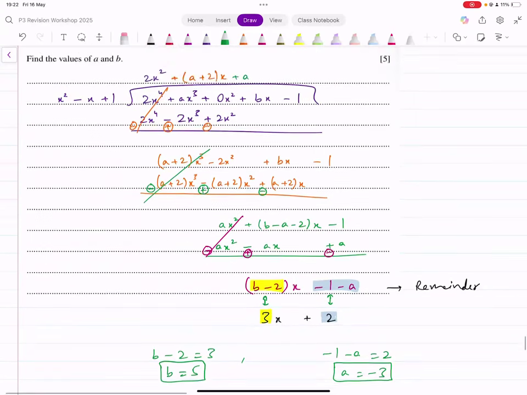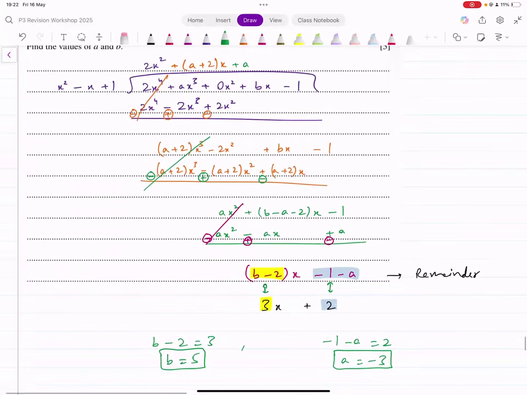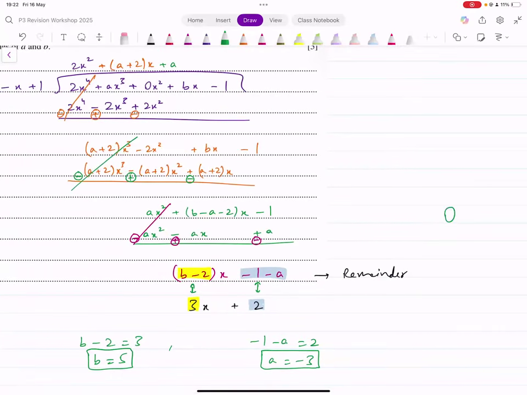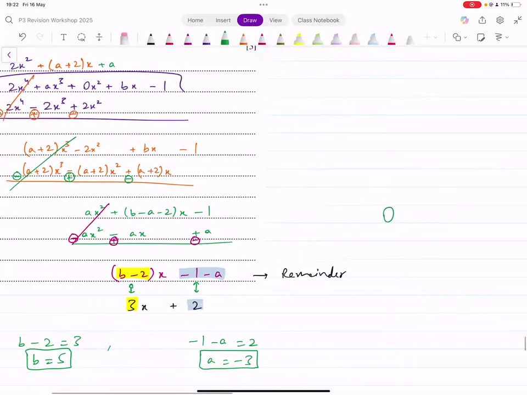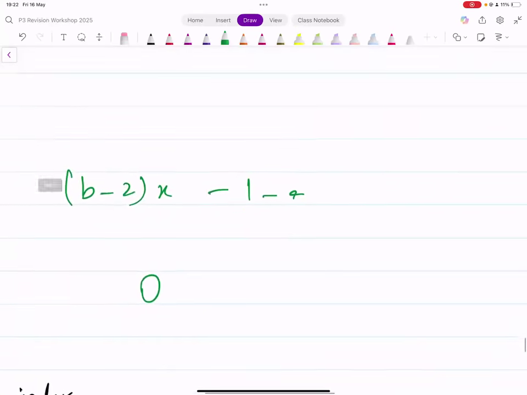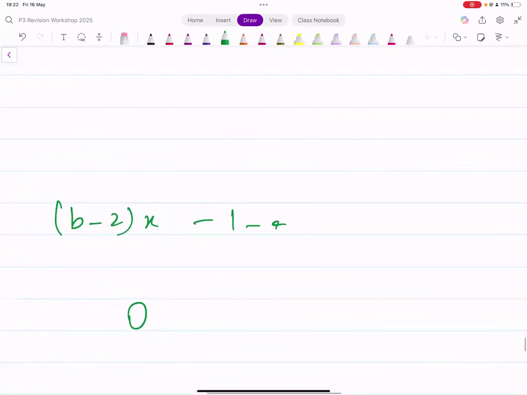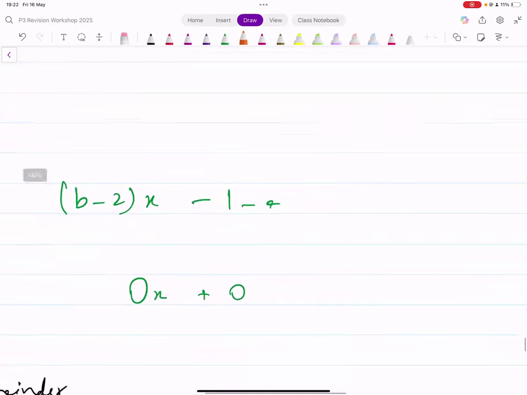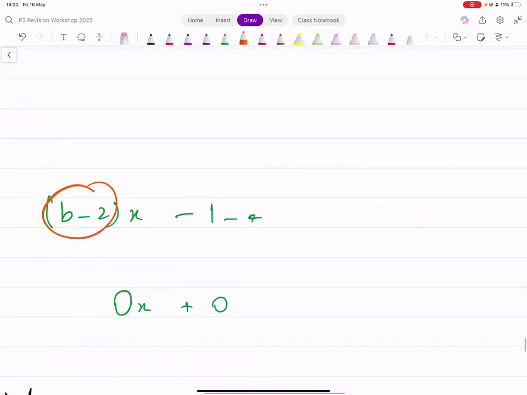Sometimes they will say that the remainder is 0, for instance. What about that? If they had said in this case that the remainder is 0 and we were getting b minus 2 into x minus 1 minus a, if the remainder was equal to 0, we would think of that as 0x plus 0. So we would equate the x terms separately to 0, b minus 2 equals 0, and the constant term separately to 0, minus 1 minus a equal to 0.